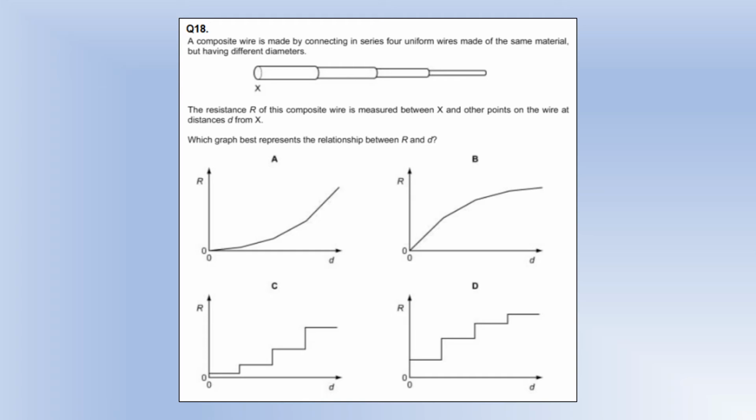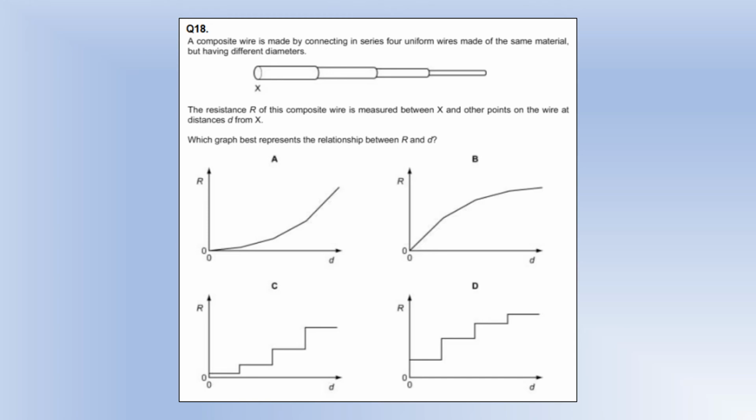A composite wire is made of four uniform bars connected in series, made of the same material but having different diameters. The resistance of the wire is measured between X and other points on the wire, and it's plotted as a graph. Which graph best represents the relationship? I'm going to break it into four sections. If we increase the length while staying on X, we get a straight line graph, but the resistance is increasing.